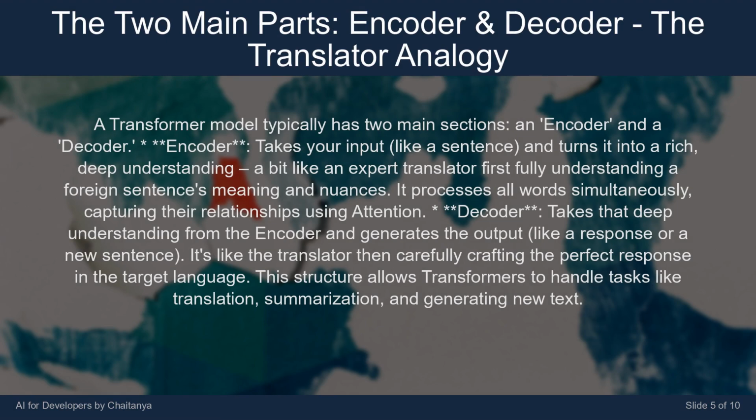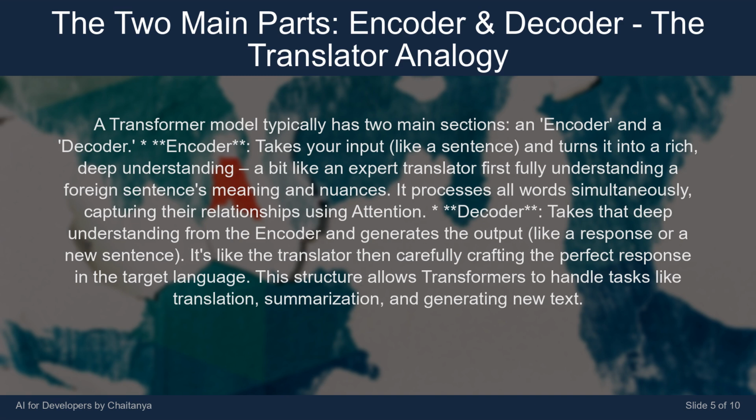A transformer model typically has two main sections, an encoder and a decoder. The encoder takes your input, like a sentence, and turns it into a rich, deep understanding, a bit like an expert translator first fully understanding a foreign sentence's meaning and nuances. It processes all words simultaneously, capturing their relationships using attention.